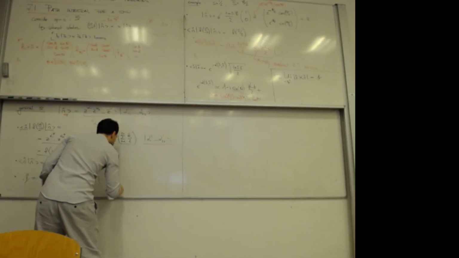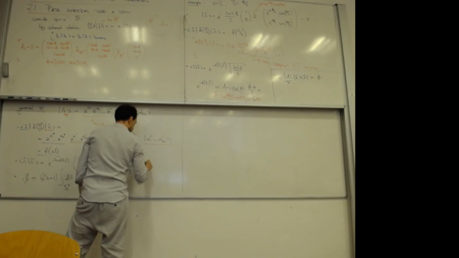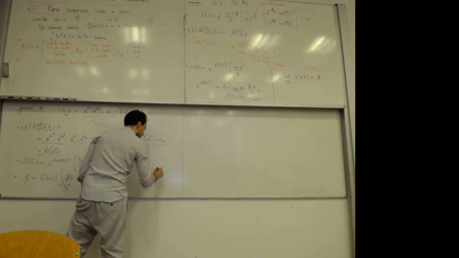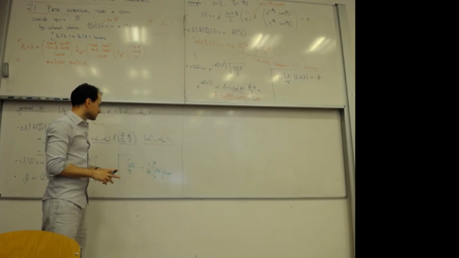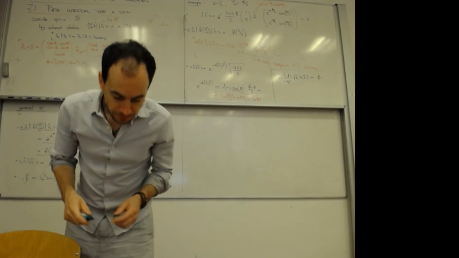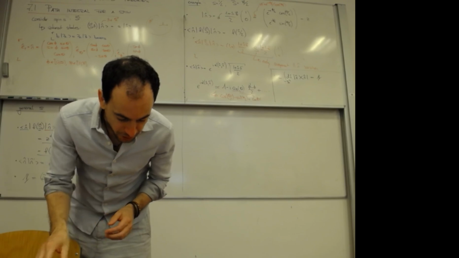Side remark: the integral dn over the 2 sphere means 1 over 4 pi, integral d phi, 0 to pi, and now you can write it either as the integral d cos theta from minus 1 to 1, or you can write it as the integral d theta sin theta.